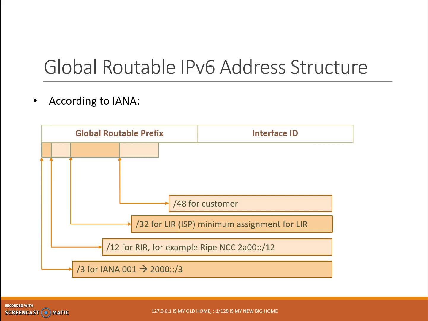Here in this slide, the ideal situation shows that the customer is taking 48 bits for the global routable prefix, which means the total number of customer subnets will be 65,536 subnets, which is, as we said, a sufficient number even for future expansion.